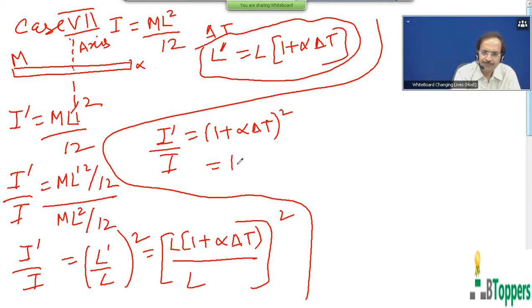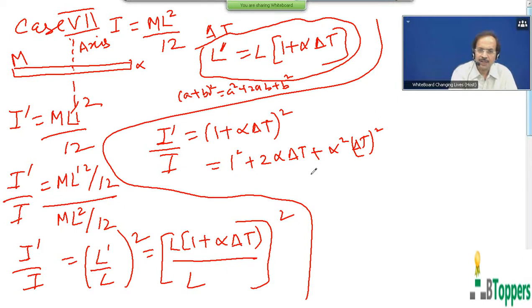If you expand this, (A + B) whole square equals A square plus 2AB plus B square. Using this formula, I can write it as 1 square plus 2 alpha delta T plus alpha square delta T square. But the term containing alpha square can be neglected compared to the other two terms. For example, alpha for a steel rod is approximately 12 into 10 power minus 6.